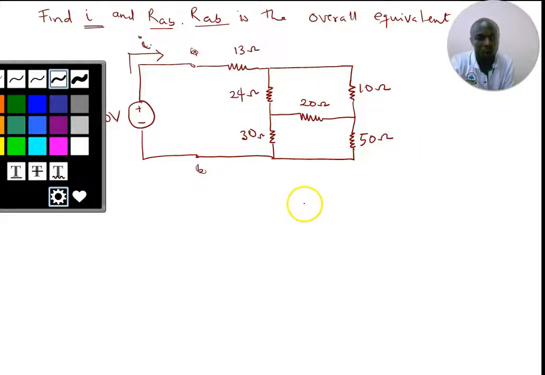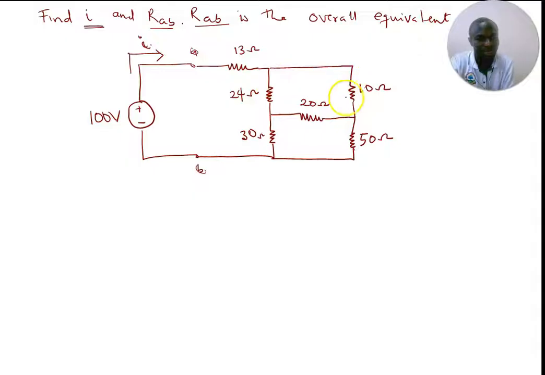This is a delta connection. The 10 ohm resistance is not in series or parallel to the 50 ohms. Take note, some students might see it to be series. I'm talking about the 10 ohm resistance and the 50 ohm resistance.